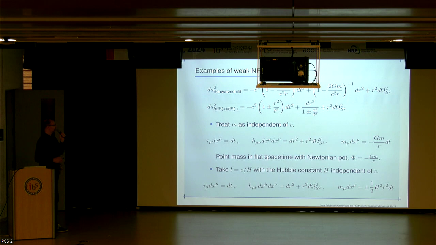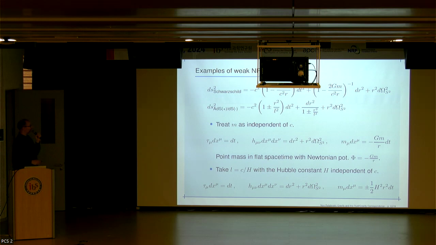So to give you an example of what these expansions do to a geometry, and also to highlight the difference between what we call the weak expansion and the strong expansion, let me just give you the example of Schwarzschild and AdS and de Sitter. So let's first do the standard, this is kind of textbook. It's a weak non-relativistic expansion. So we write Schwarzschild, we reintroduce all the constants of nature, so G and c.